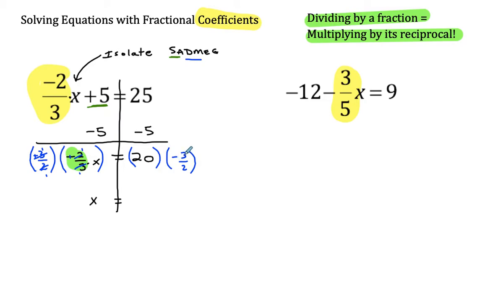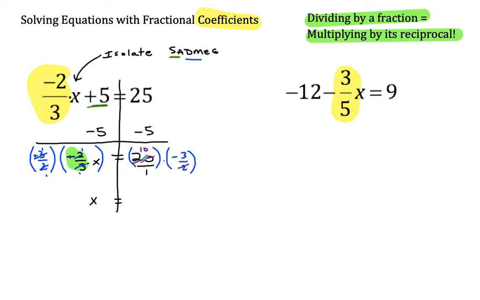And now I'm going to multiply negative 3/2 times 20. So I want to make this one look like a fraction. So I'm going to put it over 1 because it's 20 wholes. And so now I'm going to see if there's anything I can cross-cancel. Because remember, from multiplying fractions, I cross-cancel and multiply straight across. So look, the 20 and the 2 can cancel down.